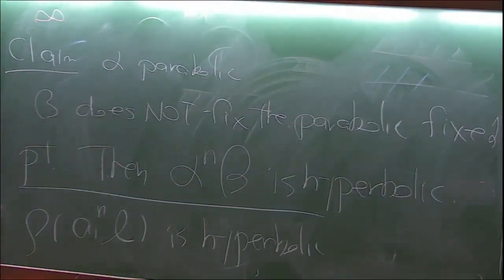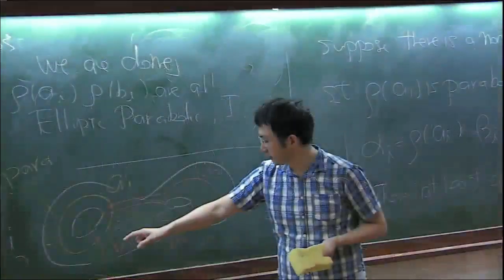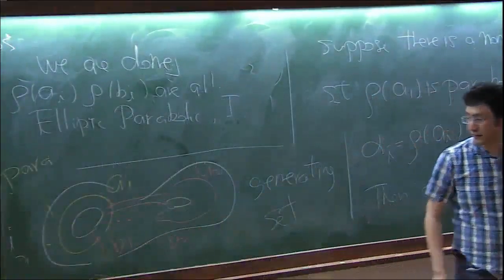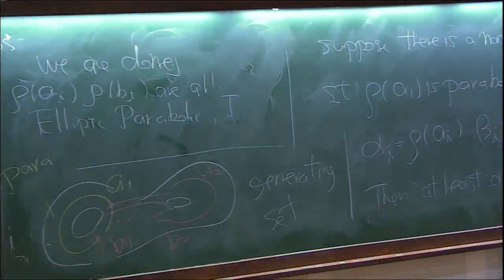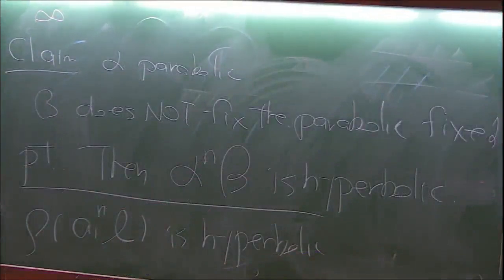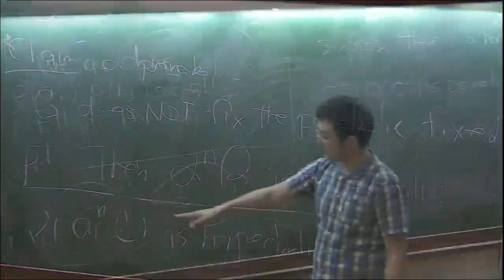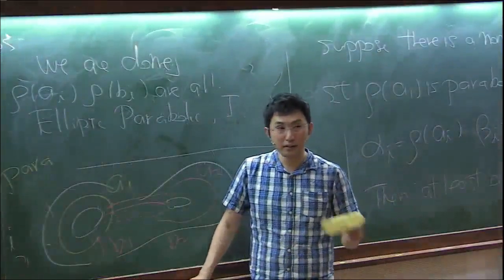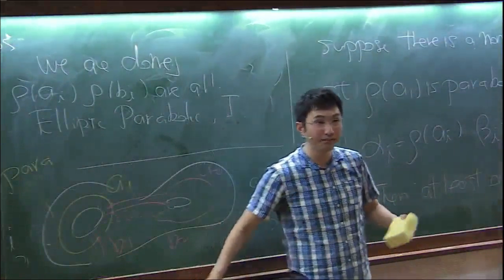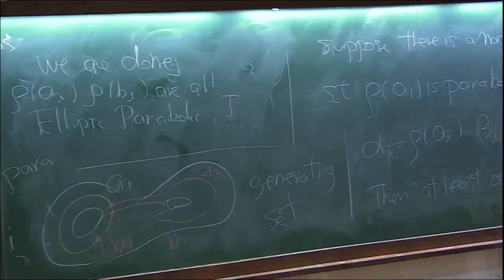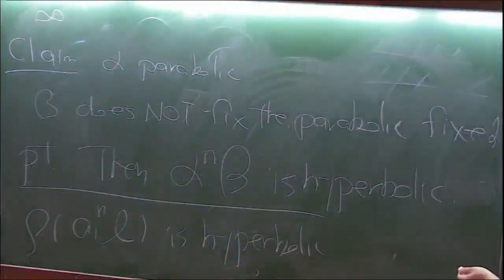And then because those loops intersect the yellow loop in a single point, taking the power corresponds to twisting one of the red loops along the yellow loop, and the resulting loop is still simple. So we find a simple closed curve on the surface that goes to a hyperbolic element.